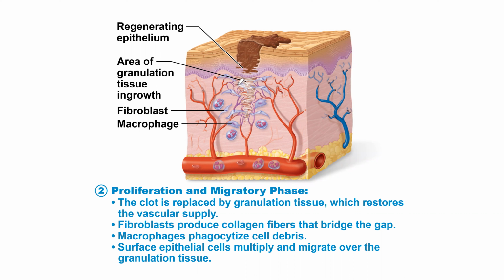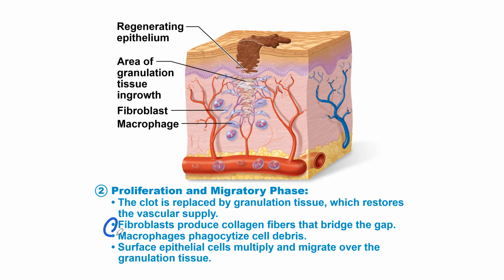Now, these fibroblasts start depositing collagen, and we have white blood cells and collagen fibers, and that's called granulation tissue. Right, so the clot now is replaced by granulation tissue, which restores the vascular supply. And granulation tissue, as I already said, is just fibroblasts, collagen, and white blood cells.